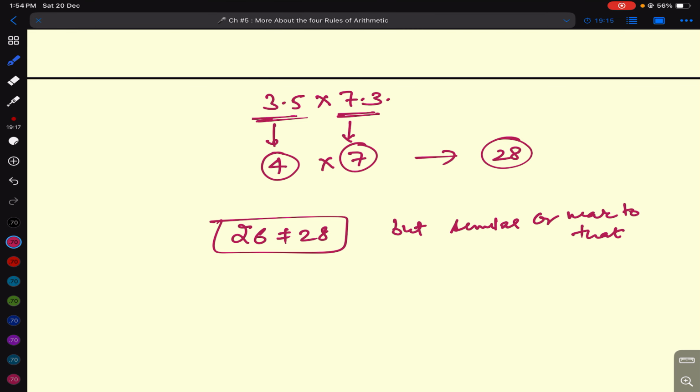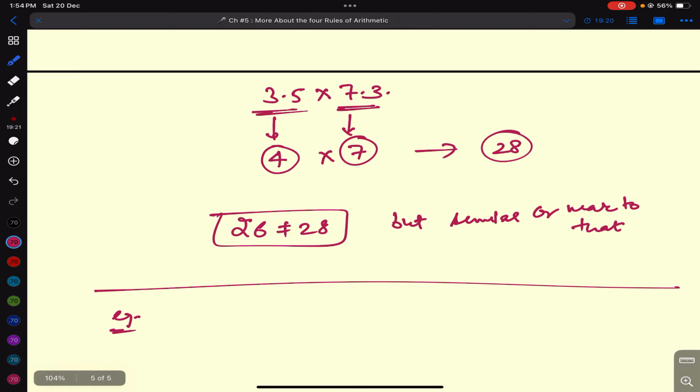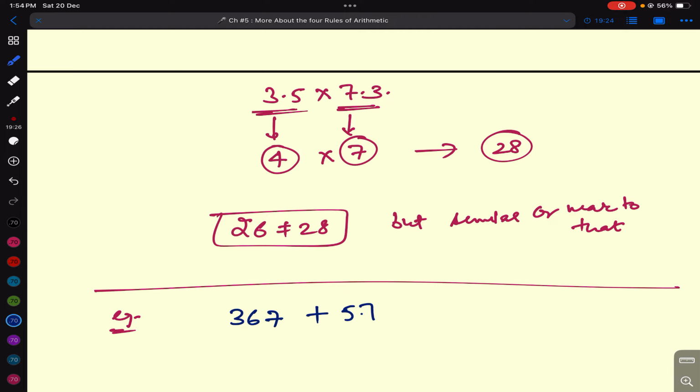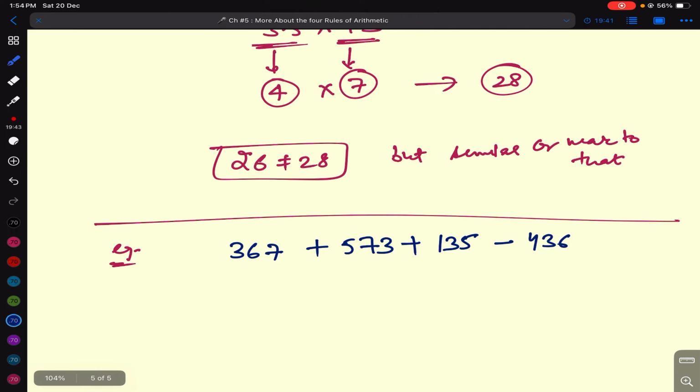Okay, let's take another example. This is the final example of this lesson. Let's say you have 367 plus 573 plus 135 minus 436. Now this is a case of addition as well as subtraction.